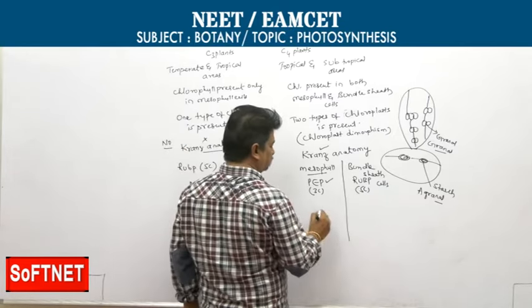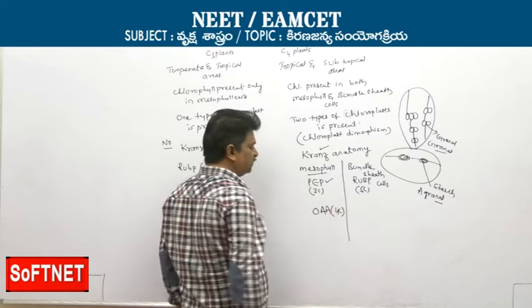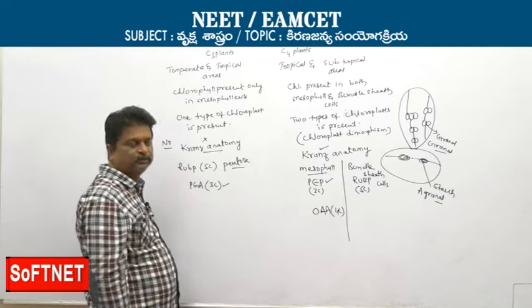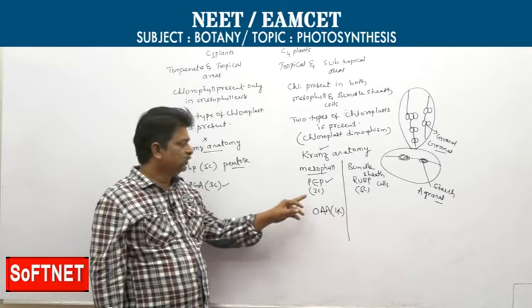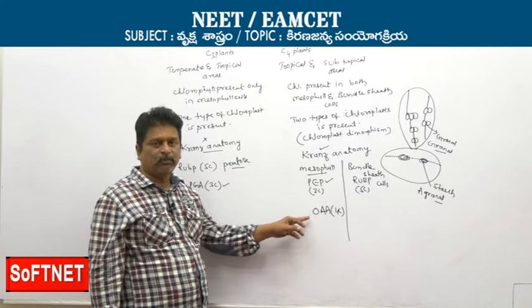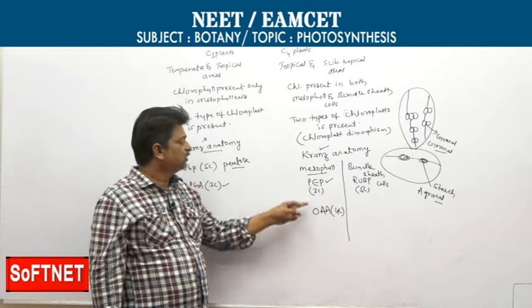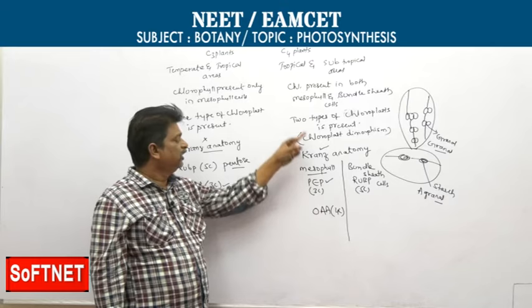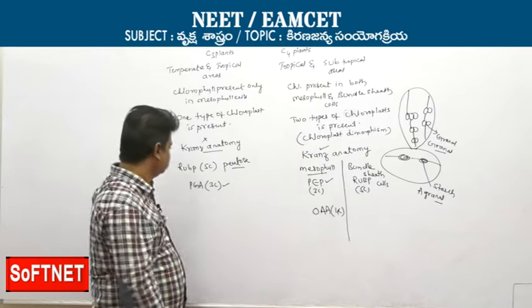In C4 plants, first formed compound is oxaloacetic acid. That oxaloacetic acid is a 4 carbon compound. So in C4 plants, first formed 4 carbon compound is oxaloacetic acid. So this is called C4 cycle, and plants showing C4 cycle are called C4 plants.